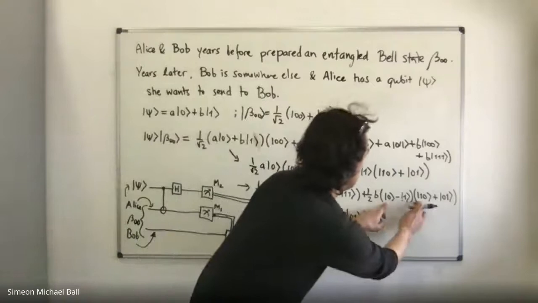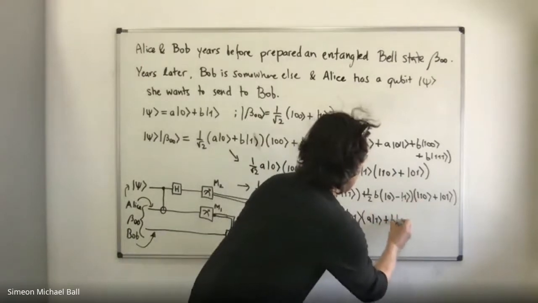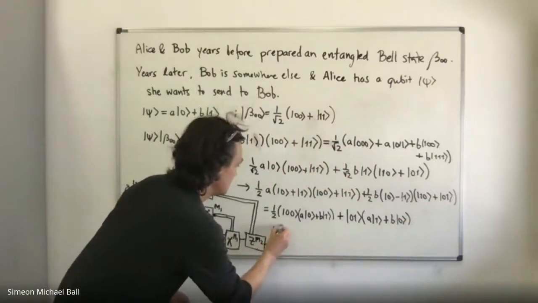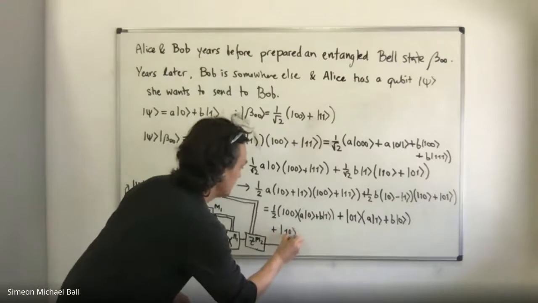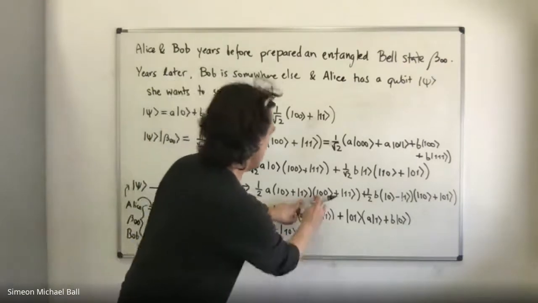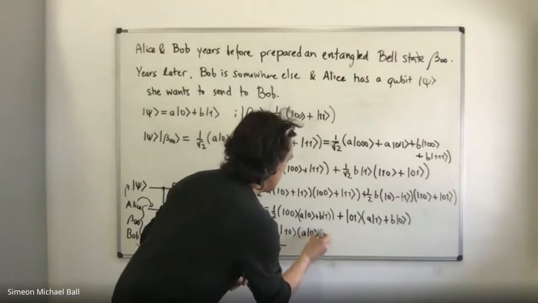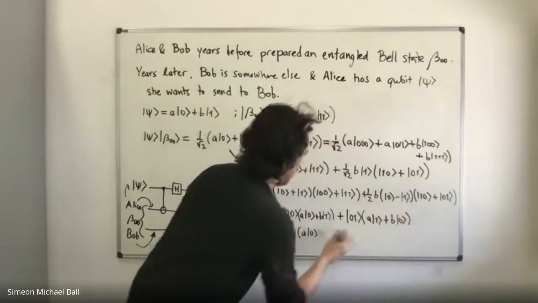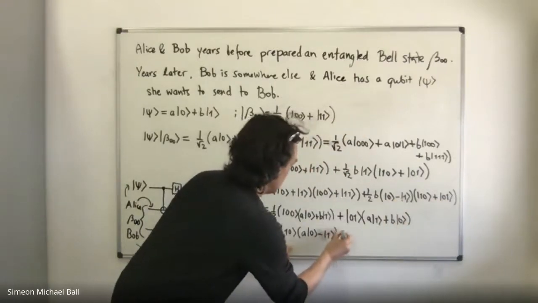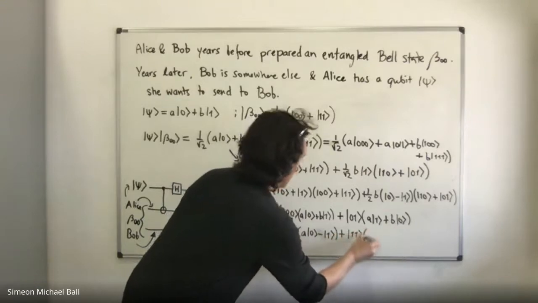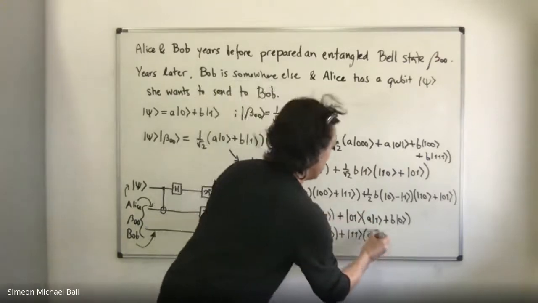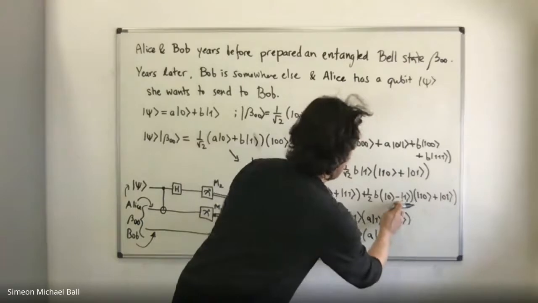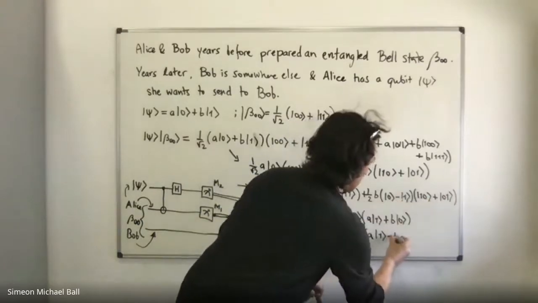And 0, 1 here is a plus B0, plus 1, 0. And 1, 0 gives A0. And then I guess it's going to be minus. 1, 0, there's a minus here, so it'll be minus 1. And 1, 1. Where we get A1, and then 1, 1 minus B0.